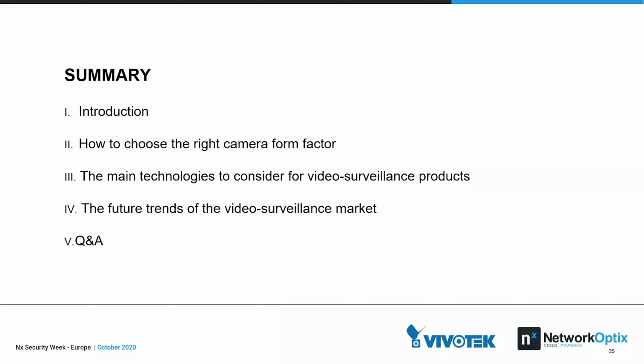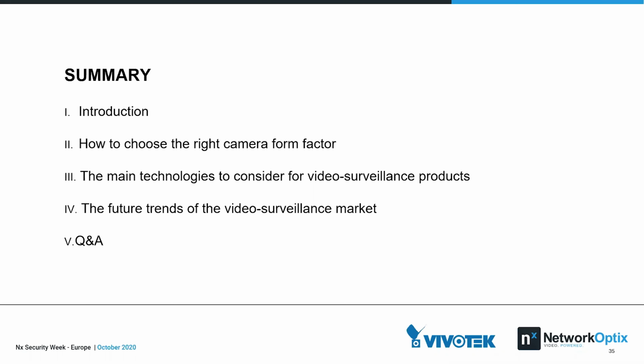So to conclude, what you just saw in this webinar is how to choose the form factor, to know its strengths and weaknesses, and that you have different choices. Maybe you can use a bullet, but maybe a 180 degrees camera instead, because there is no dead angle and you don't want to install a second camera looking at this one, or because 180 degrees is exactly what you need, or maybe you need 4 cameras in one, so you have a multi-adjustable sensor type of form factor.